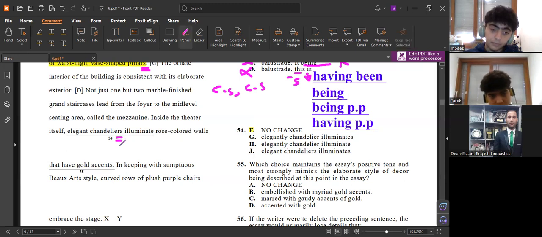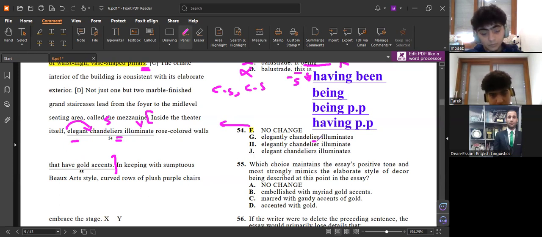But this one is plural, and this one is a verb. So subject-verb agreement is correct. And the elegant is an adjective to the noun, correct. There is no mistake. So F can be. But remember, I am looking here, not there, because in this sentence we have two questions. So care about all this part. Subject, verb, clear.